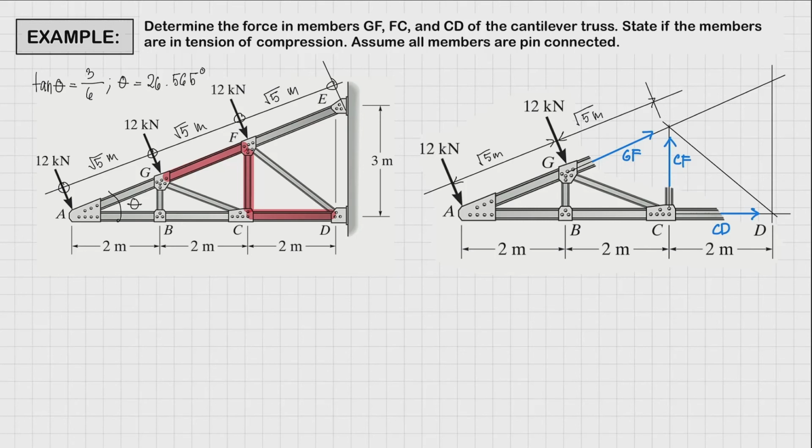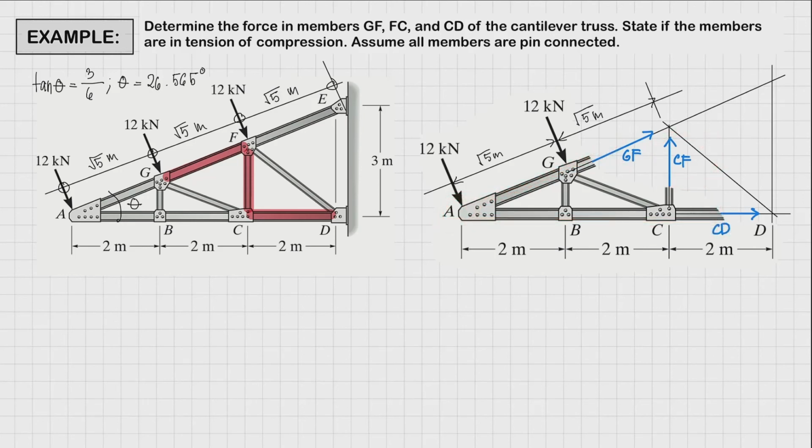So if you want to be able to solve for something with less complications, I would suggest that we take summation moment at joint A, so that we don't need to consider GF and we don't need to consider CD since they are concurrent at point A. So we could solve for CF.